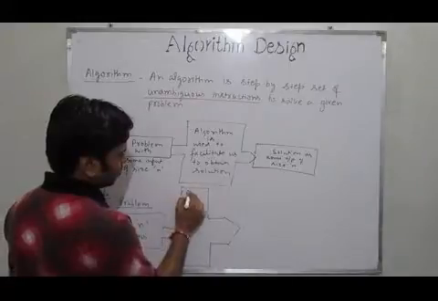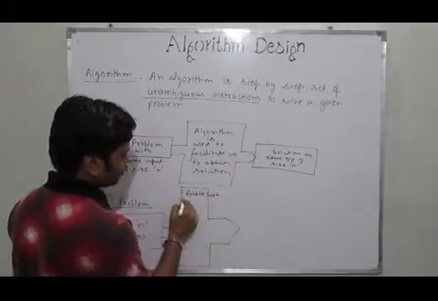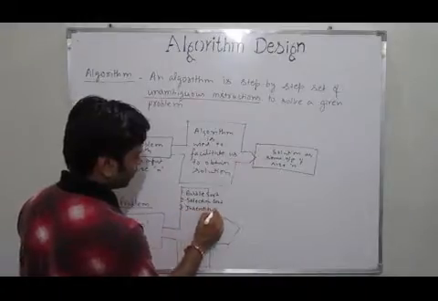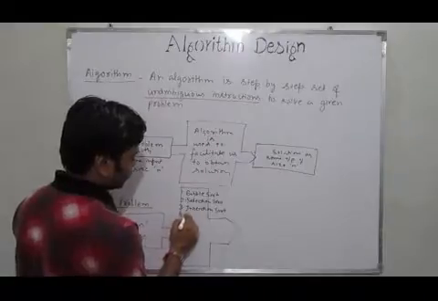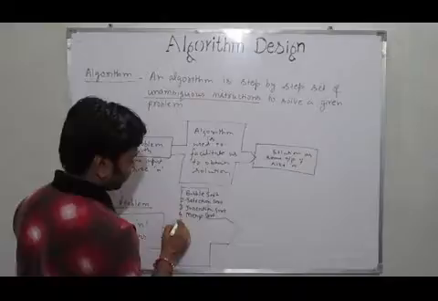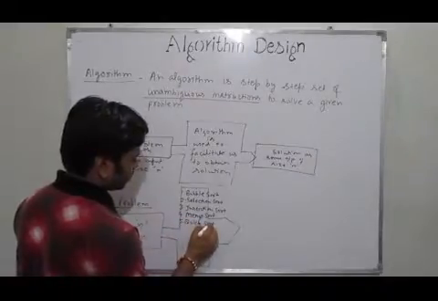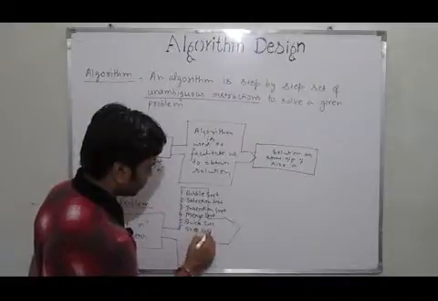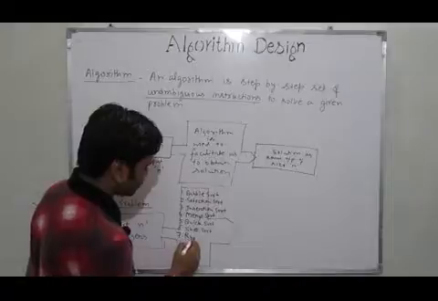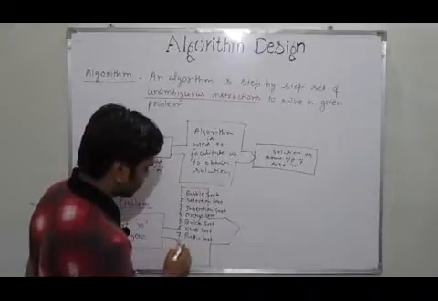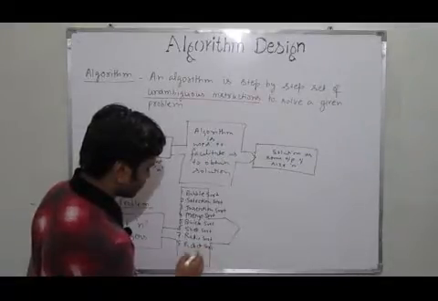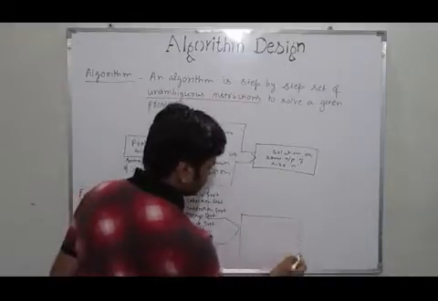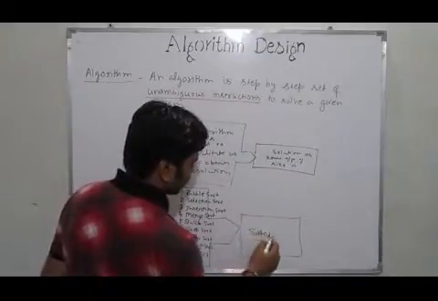These include bubble sort, selection sort, insertion sort, merge sort, quick sort, shell sort, radix sort, bucket sort, count sort, to find out this solution in the form of sorted n integers.